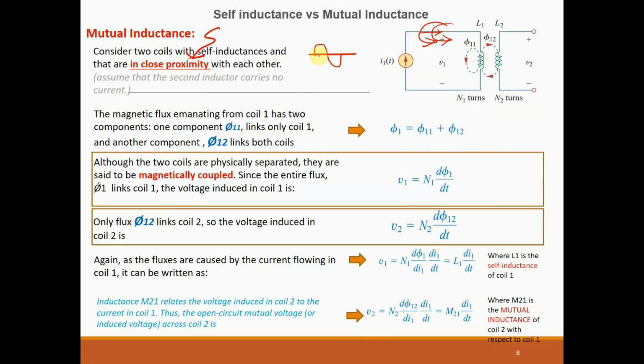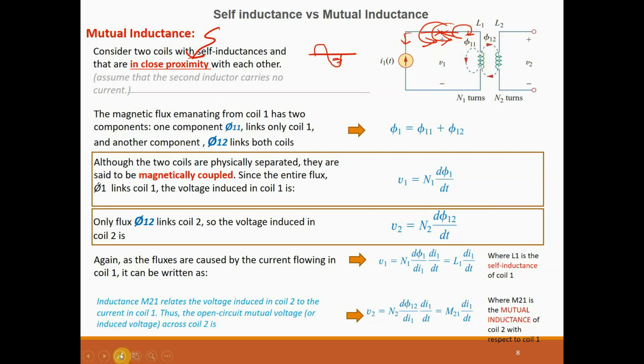Let's say from here, positive cycle, the flux direction is here, counterclockwise, and when the negative cycle of the source comes, the magnetic flux will be in the other rotation, so the current will be reversed, right?